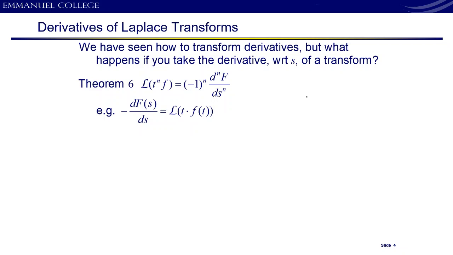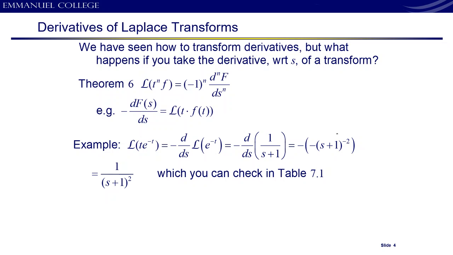Well, there's a very nice theorem that says if you're doing a Laplace transform of t to the n times f, so e to the alpha t was a horizontal shift, the Laplace transform of t to the n times a function is the nth derivative of the function's Laplace transform, times negative 1 to the n.